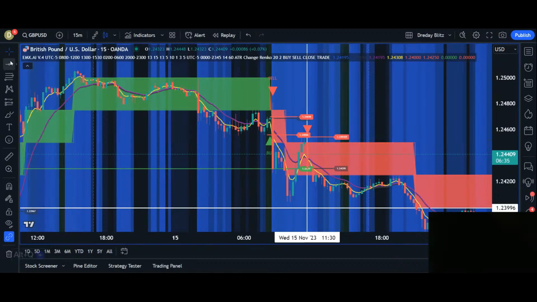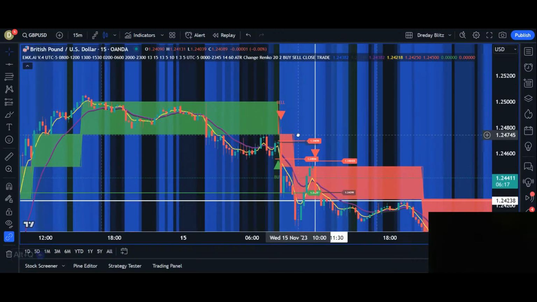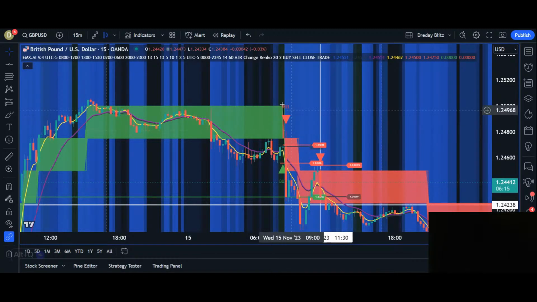The next Renko bar close. So when you get on that trade here, that Renko bar is not considered as an entry or an exit Renko bar. So your stop loss will be the previous Renko bar. Your previous Renko bar will be here.